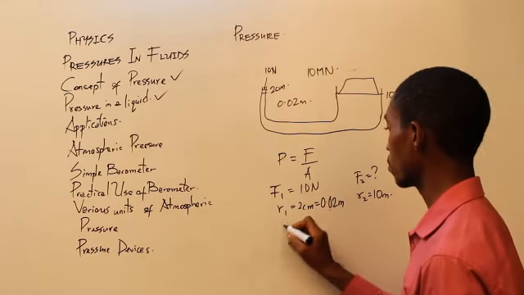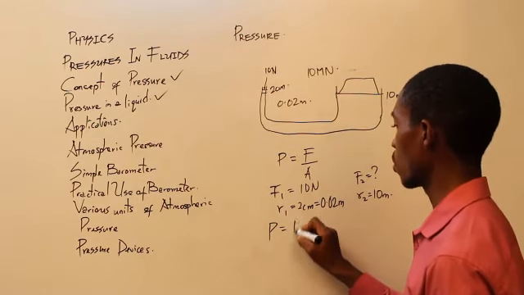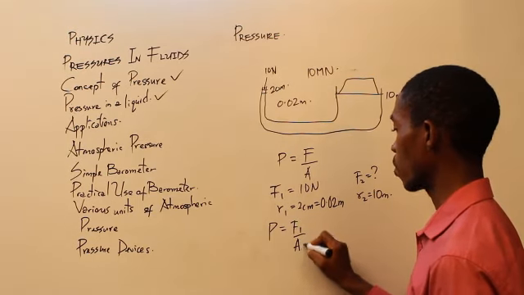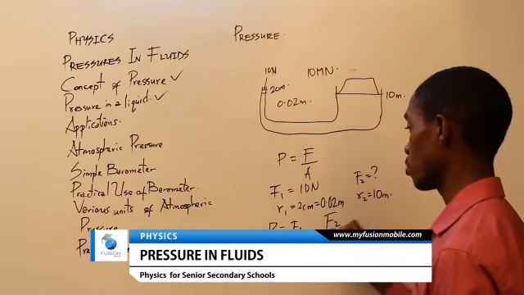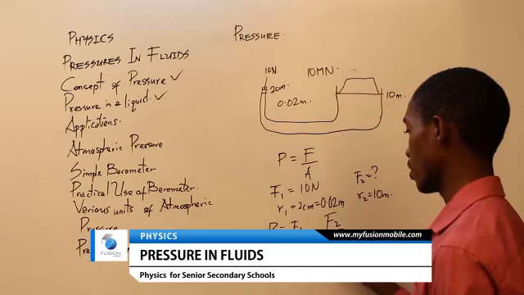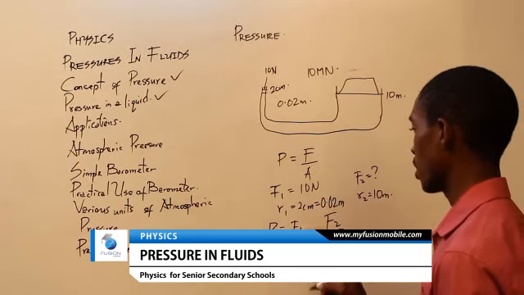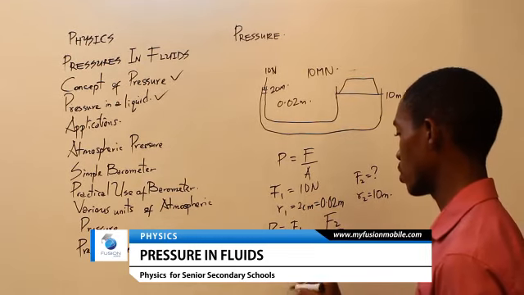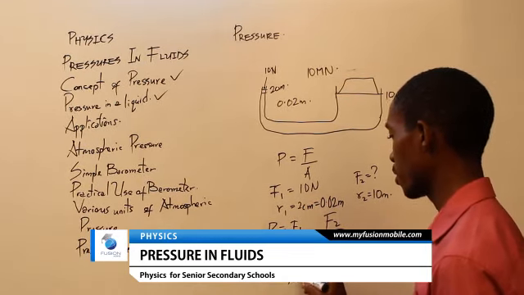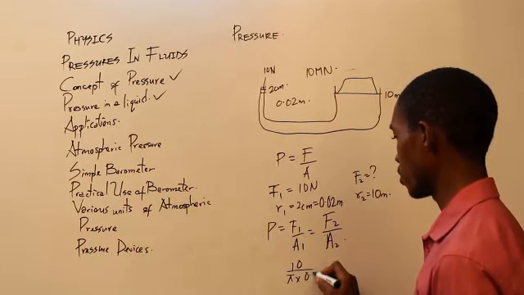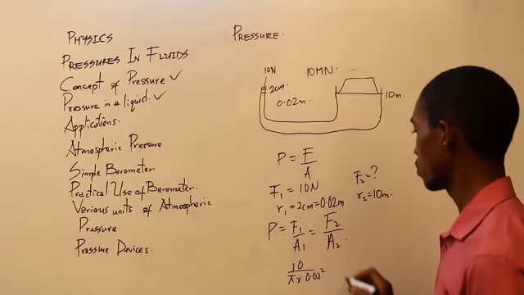So pressure will be equal to F1 divided by A1, which will be F2 divided by A2. Our F1 is 10. Our A1 is going to be pi times 0.02 squared.